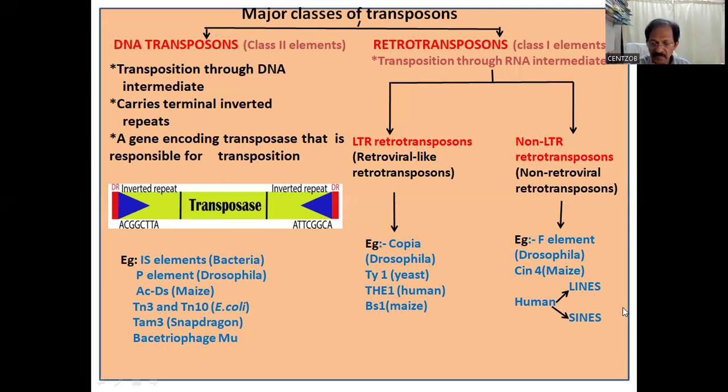In human, LINEs and SINEs. LINEs and SINEs, I told you, are repetitive DNA sequences as well as retrotransposons. So remember this classification very well, because this classification is very important. In which category each transposon comes is very, very important.